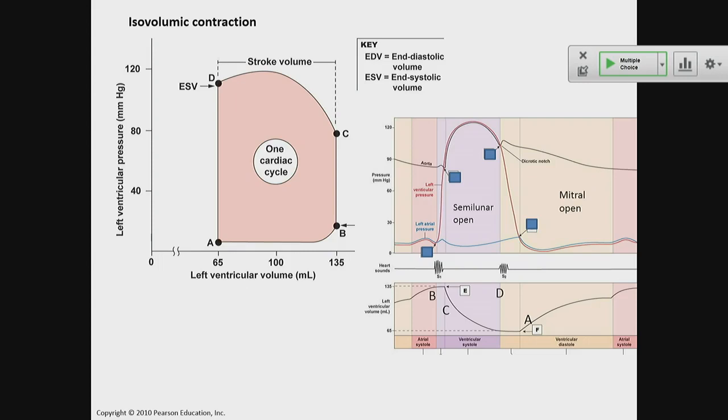And now the end systolic volume, which is 65, is inside the ventricle while we drop down to a really low pressure, okay? And then the mitral valve opens, and then once the mitral valve opens, the ventricle can be refilled. So the volume increases again until we get to point B again, okay?